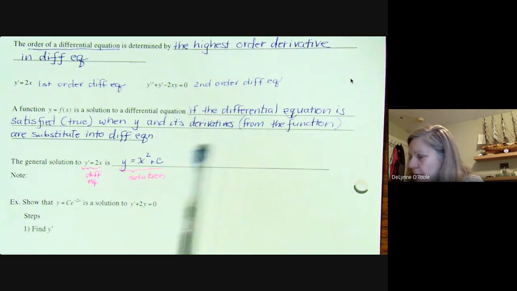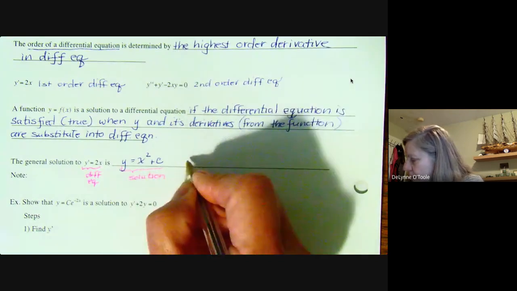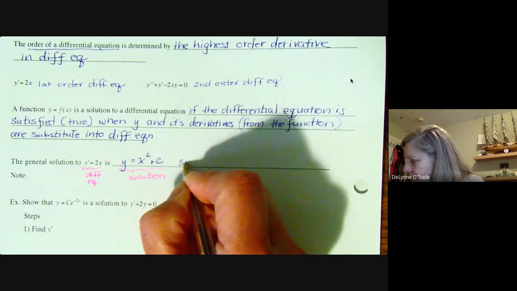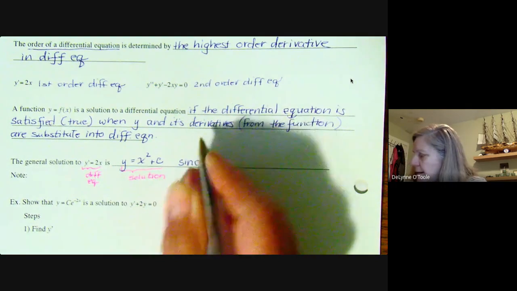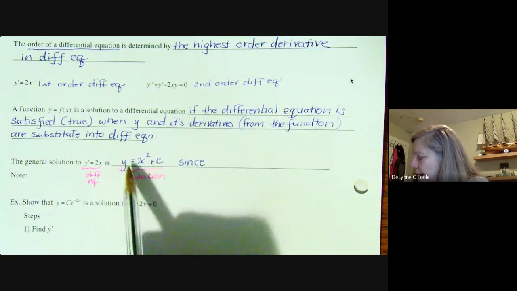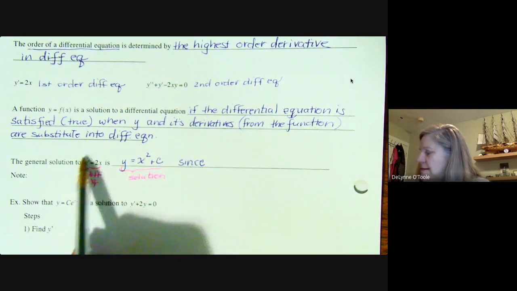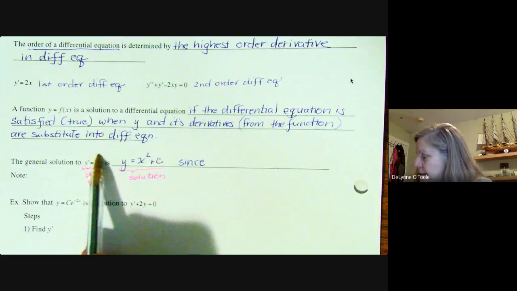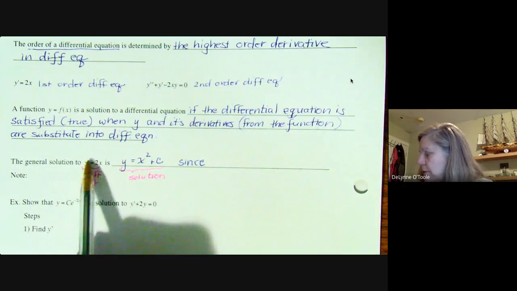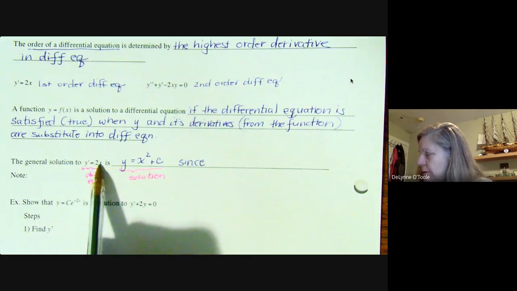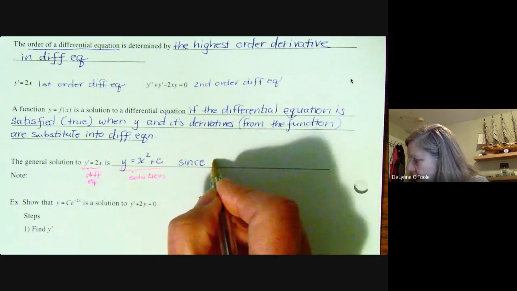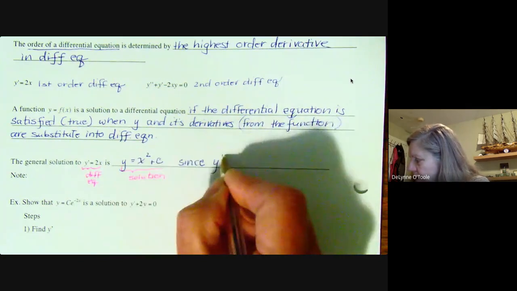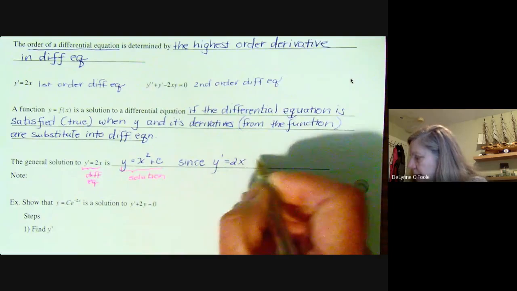What is that requirement? Well, that requirement is that you take the y and its derivatives and substitute in here to see if it becomes true. Well, there's no y to substitute in here. There's only a y prime and an x, but there is a y prime. So I find y prime of this, okay?